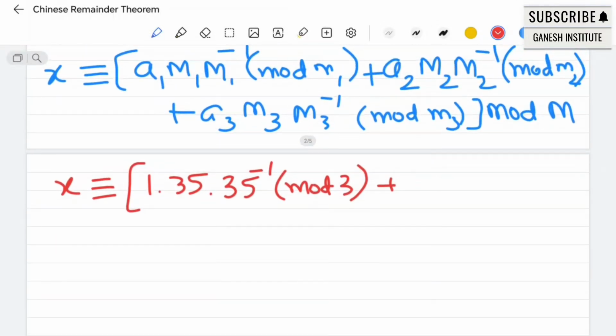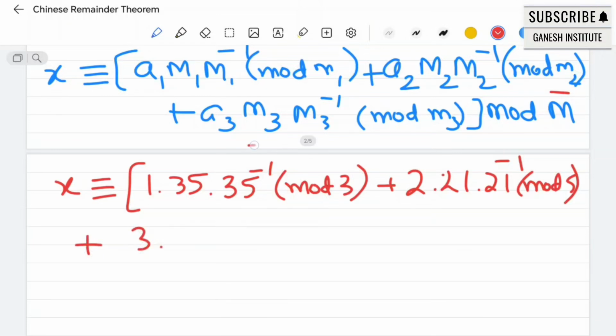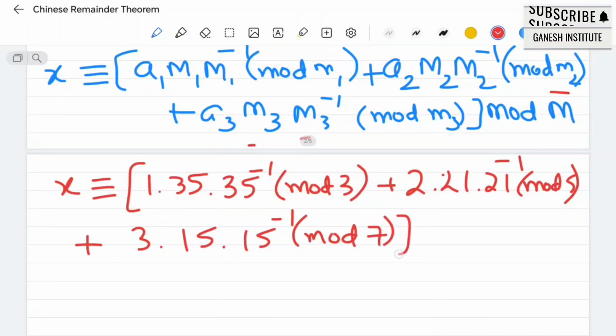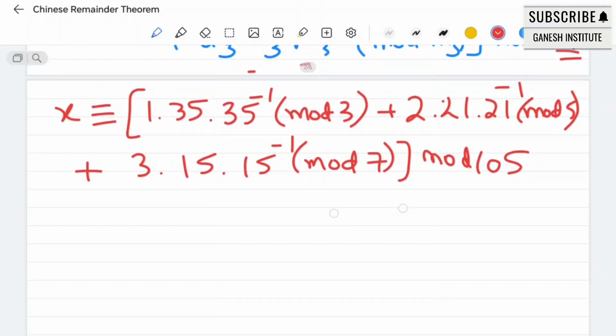So second is a2, which is 2, M2 which is 21, and M2 inverse, 21 inverse modulo 5, which is small m2. Then a3, which is 3, M3, you've got it as 15. Then M3 inverse, 15 inverse modulo small m3, that is 7, and modulo capital M, that is 105, the product of all three moduli which are given to you. So I'm hoping that you've got till here.